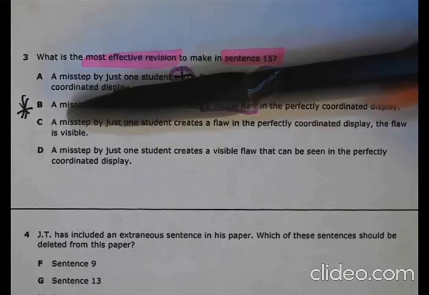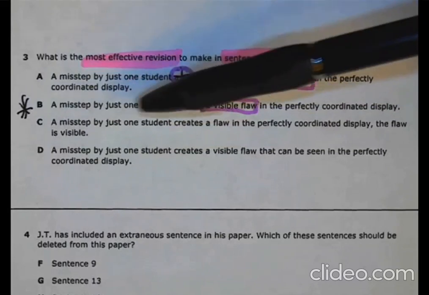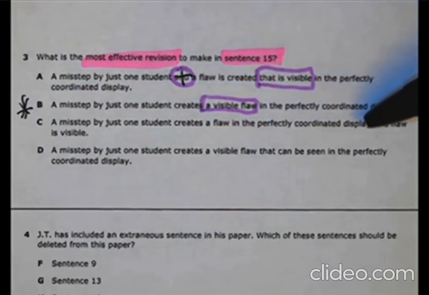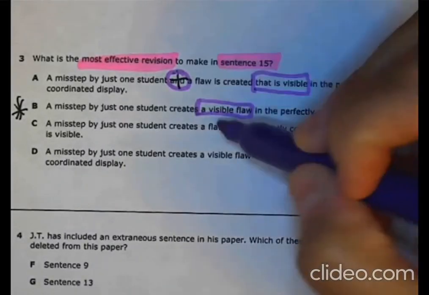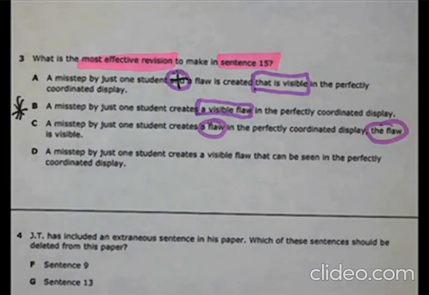Okay, answer choice C. A misstep by just one student creates a flaw in the perfectly coordinated display. The flaw is visible. Beware of the doubles. You notice here, they repeated flaw, and they added "the flaw" right there.